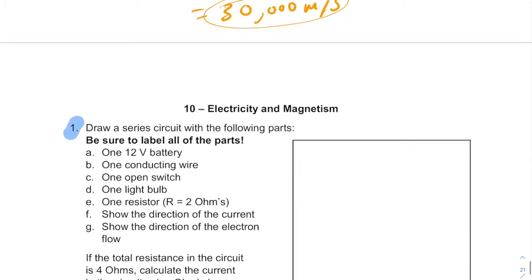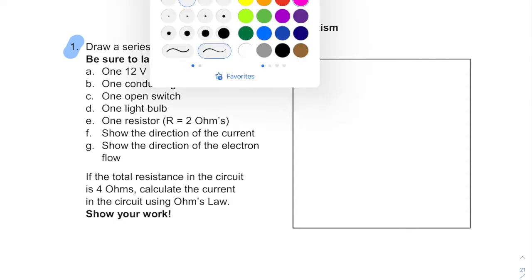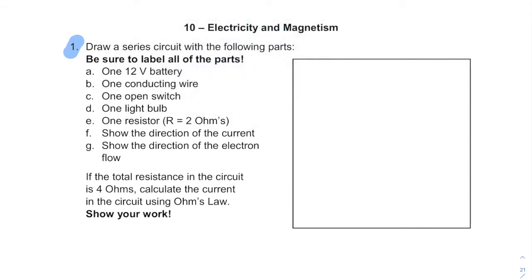Okay, and then the section on electricity and magnetism. I'm going to do number 1 here, where we've got to build a circuit and then we've got to do a calculation. So our circuit is going to have a 12-volt battery, and we can just represent it like this. It's going to have one conducting wire. You might think, well, how can you have one conducting wire? Well, there it is. We have an open switch.